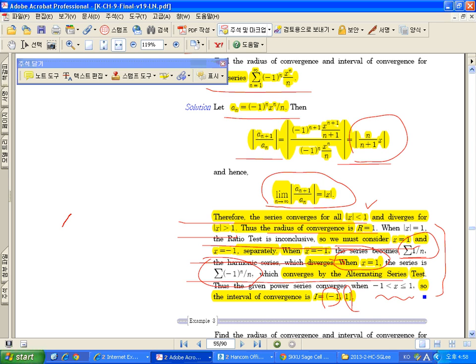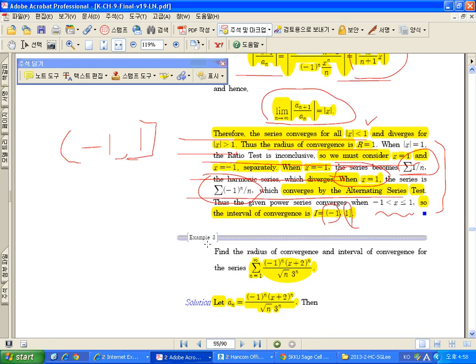So we have the interval of convergence, which is minus 1 to 1, open on the left side and closed on the right side.